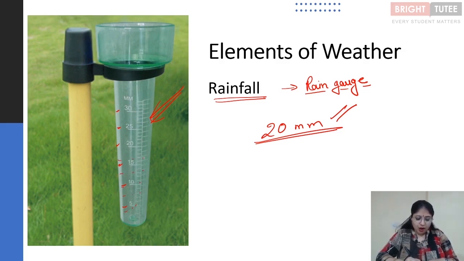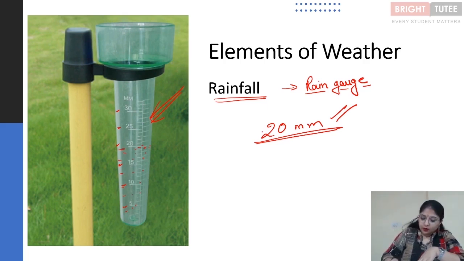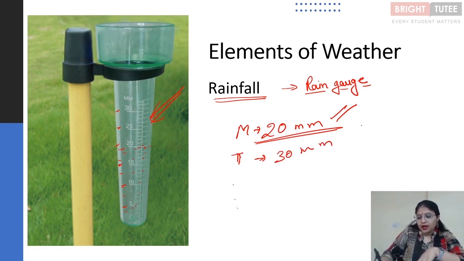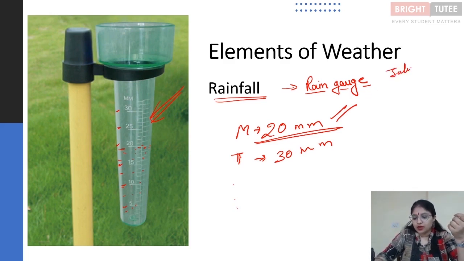And when it stops, how much it has filled is the measure of the rain on that particular day. Suppose on Monday it was 20 mm, then on Tuesday it was say 30 mm, right? And so on. And we know that the monsoon season starts in India from, say, July, in an area like the north, it starts from July and ends in September, right?